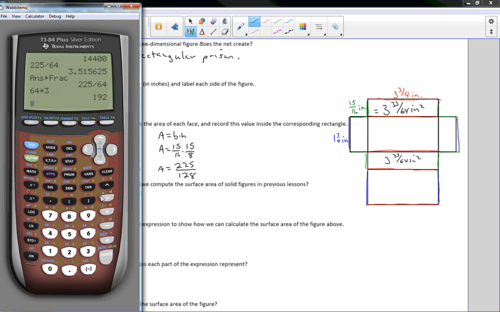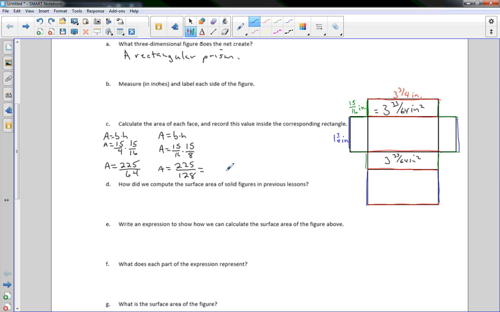Okay, so if I do 225 divided by 128, I get 1 with the remainder, and it will not reduce, so I'm going to take that remainder and see how much is left over. Well, if it's 128, then my remainder is whatever I have to get to 225, and that would be 97. So my remainder is 97. So the area is 1 and 97 over 225.